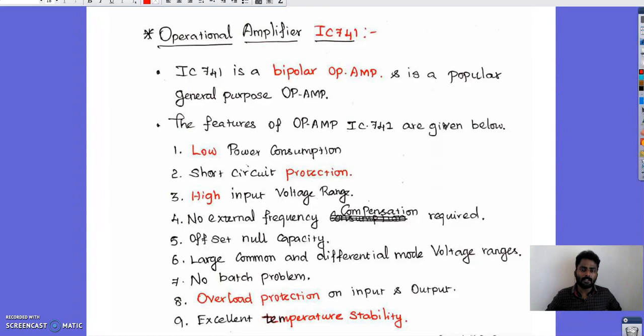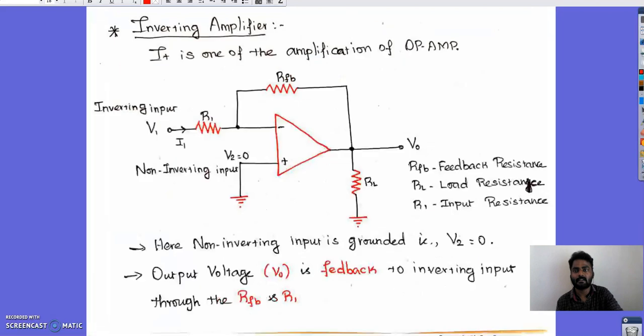High input voltage range, that is the voltage range can be varied to high values, and no external frequency compensation is required in this IC741, and offset null capacity will also be there. Large common and differential mode voltage ranges will be present in IC741. There will be no latch-up problems, and overload protection on input and output circuit will also be provided using IC741. And there will be excellent temperature stability. These are some features of your IC741.